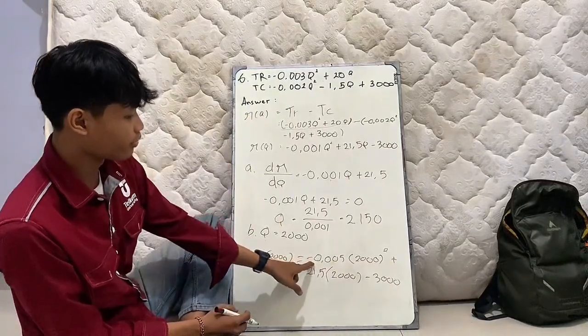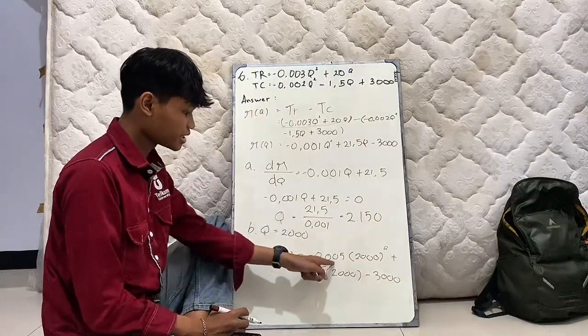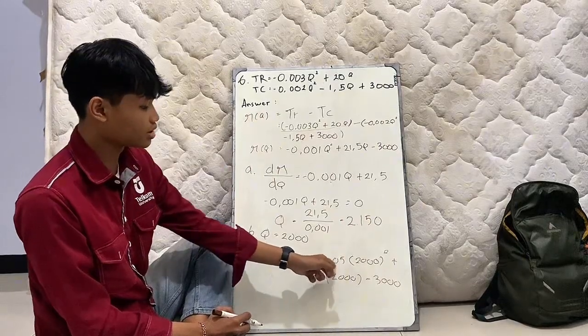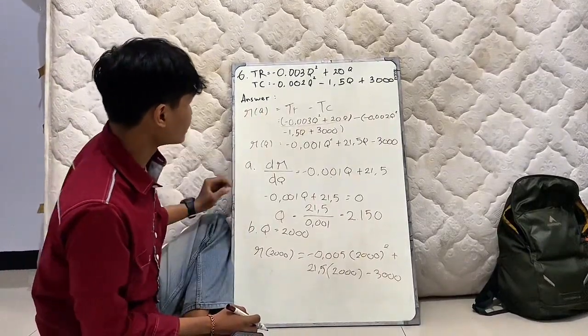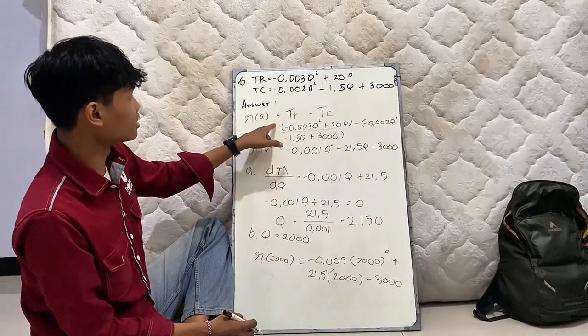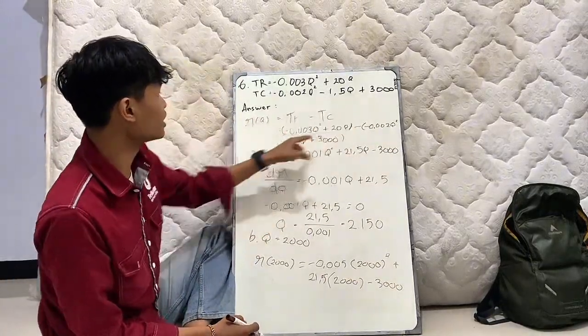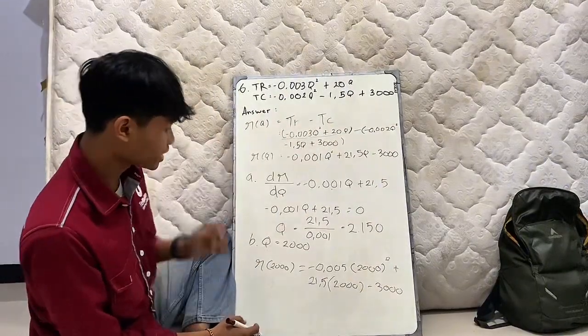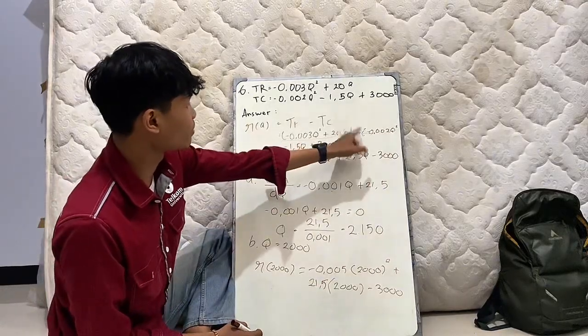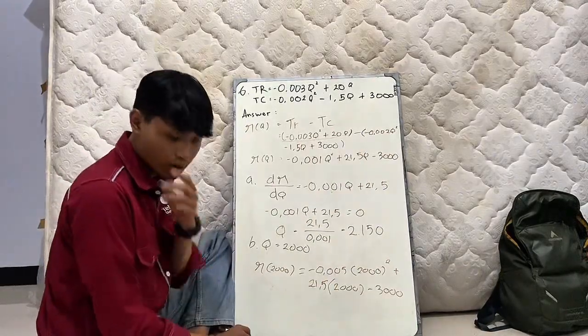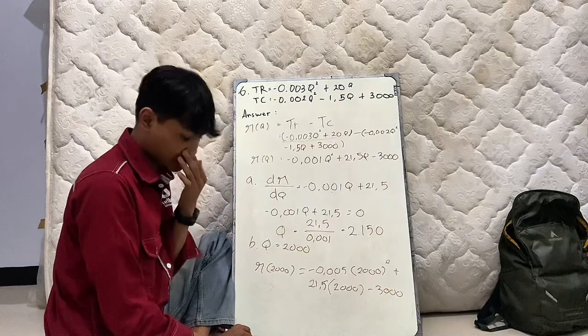And if you ask why this is 0.005, up here it is minus, but in here we have plus because we use the profit function.